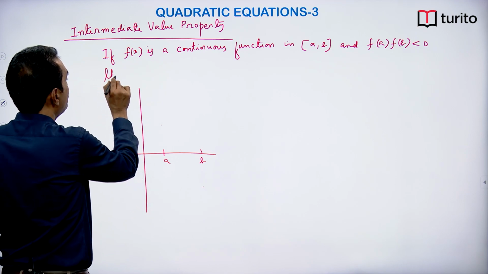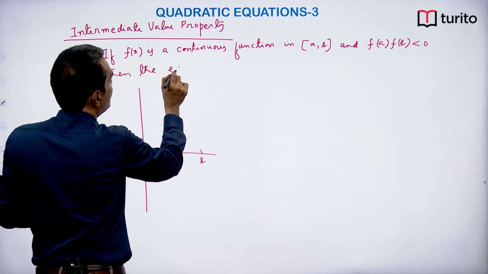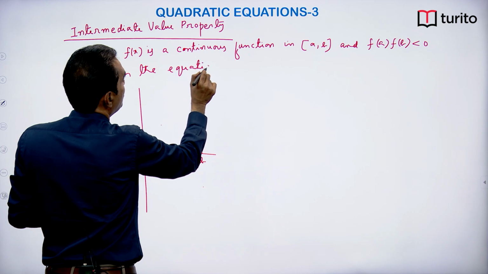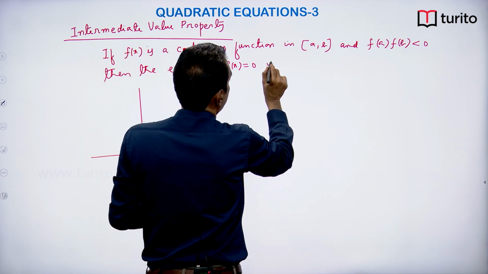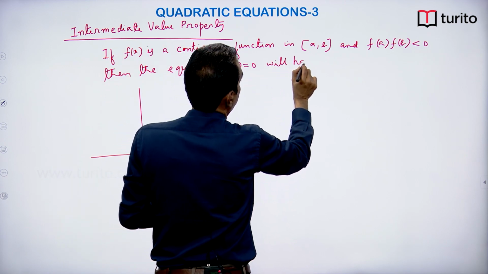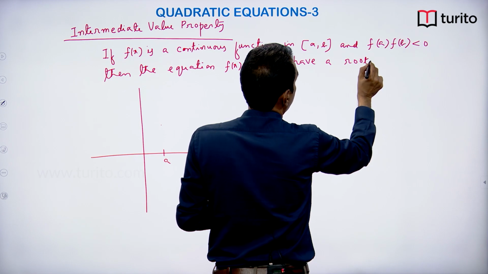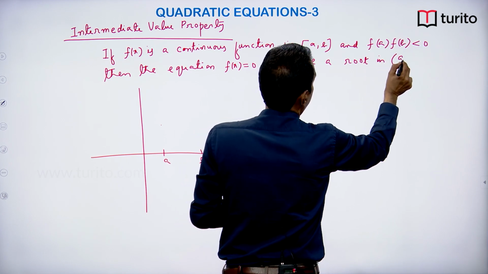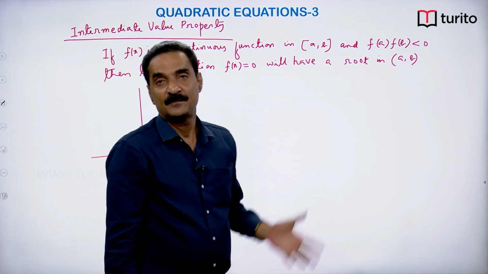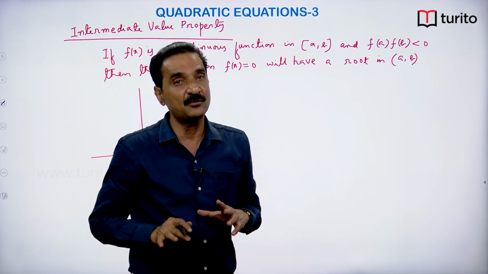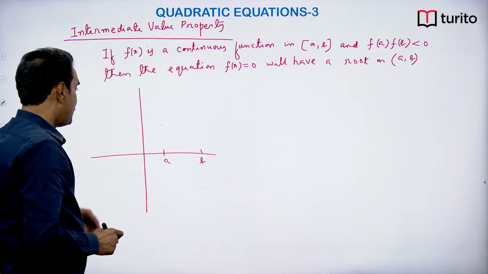Then the equation f of x is equal to 0 will have a root in the interval a to b. Okay, here I said a root means maybe one root or more than one root, you have to understand. So, at least one root you can write. Okay. Now, coming to present question.